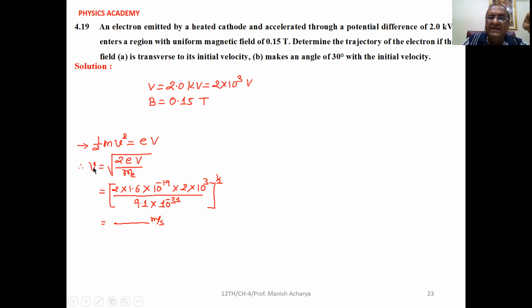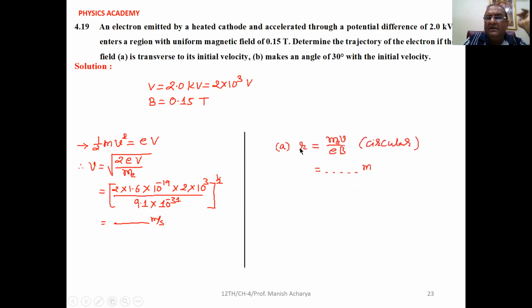If we make v the subject of the equation, then that is under root 2eV upon m. Substitute the values: e is 1.6 into 10 raised to minus 19, V is 2 into 10 raised to 3, upon the mass of the electron, 9.1 into 10 raised to minus 31, whole raised to 1 by 2. Now solve this and you will get the velocity of that particle.